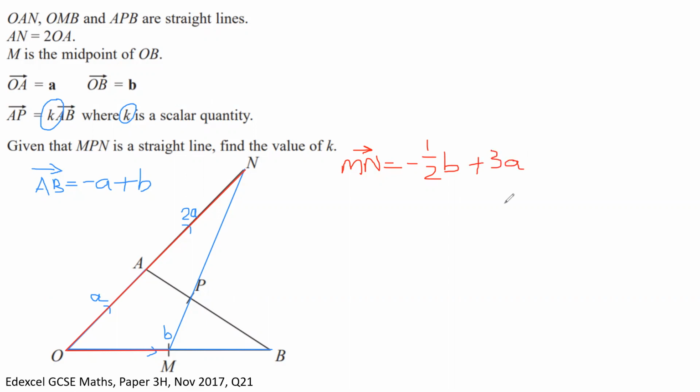Okay, great. But that doesn't necessarily fully help us, does it? So we've got to that part, but then we want to try and work out how to get from, say, P to N. So P to N, how do we do that?